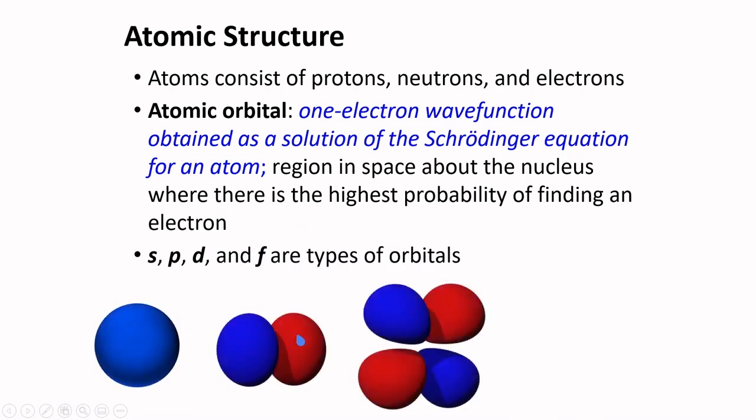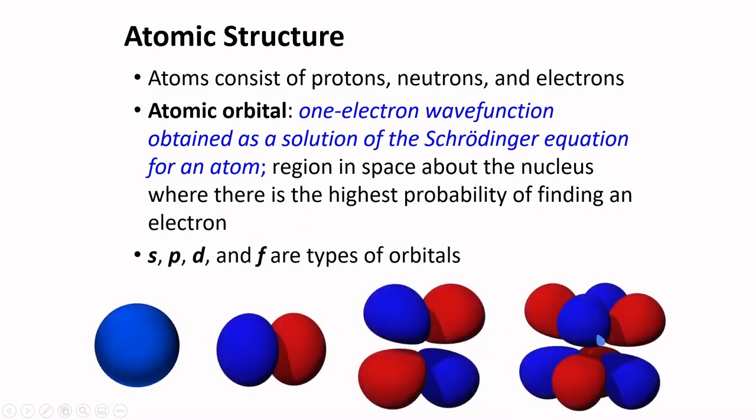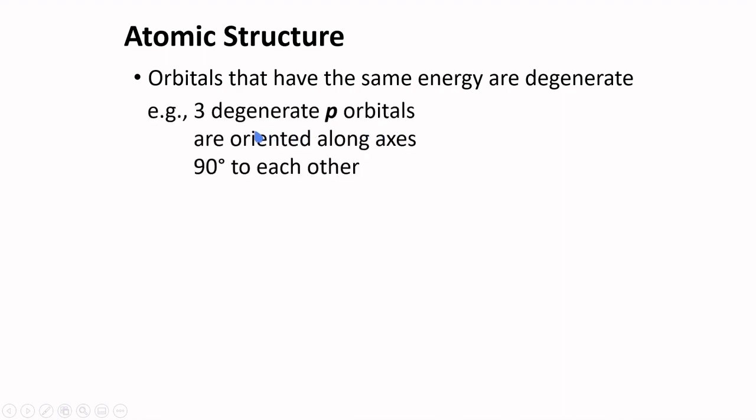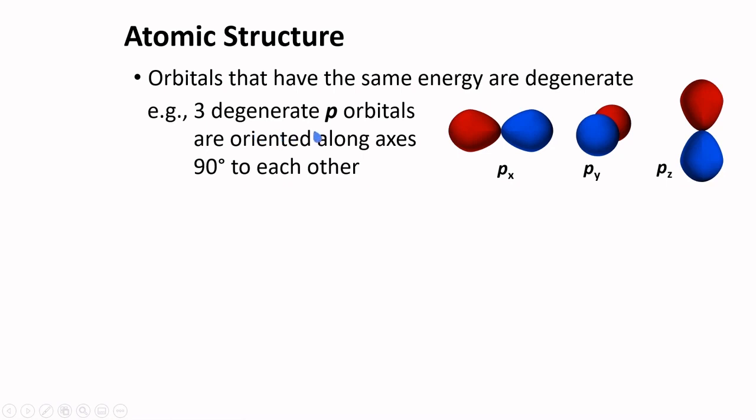The s, p, d, and f are types of orbitals. Orbitals that have the same energy are degenerate. For example, there are 3 degenerate p orbitals that are oriented along the axis 90 degrees to each other.